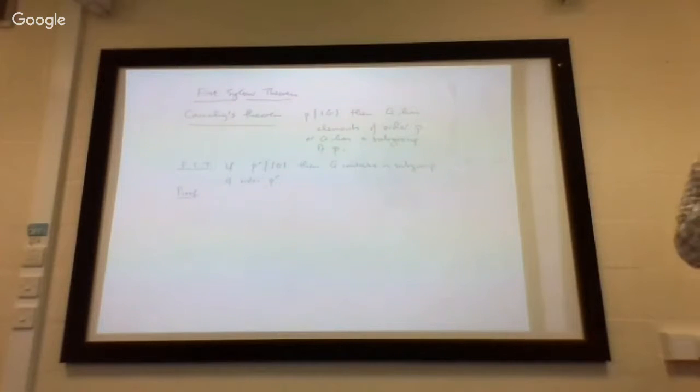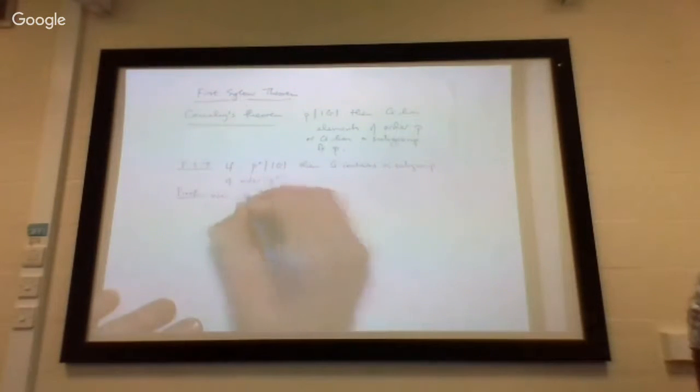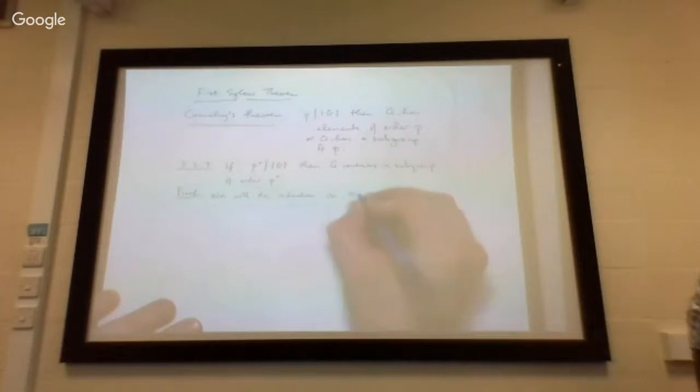Performing it carefully, knowing exactly what the factor group homomorphism does, and what the sizes are of things in the factor group compared to things in the original group. So we will do induction on the size of G.